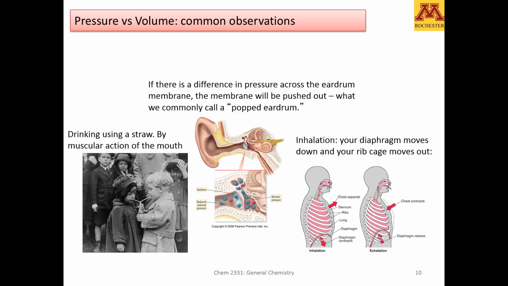As we mentioned in a previous video, every time there is a pressure imbalance, there is a flow of gas, or a motion of a wall, or the liquid or water gets pumped up, etc. So let's think of specific common observations in our daily lives that exemplify the relationship between pressure and volume.